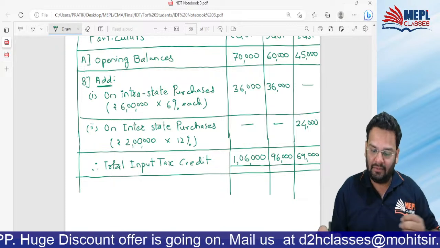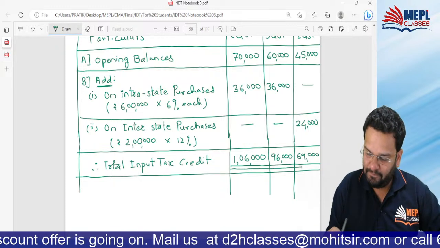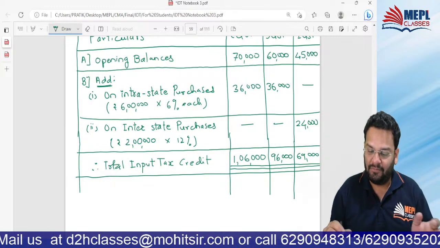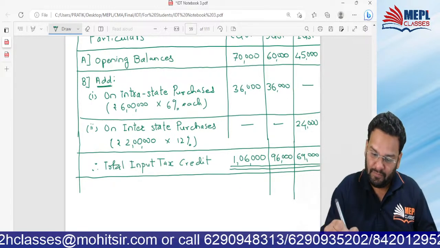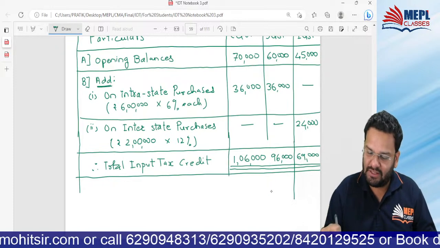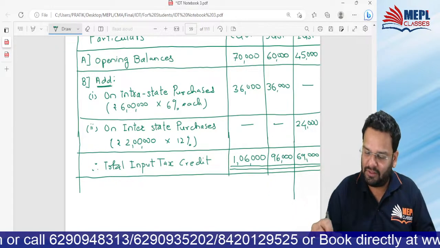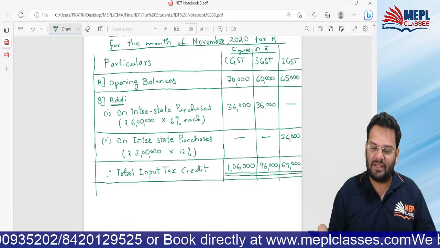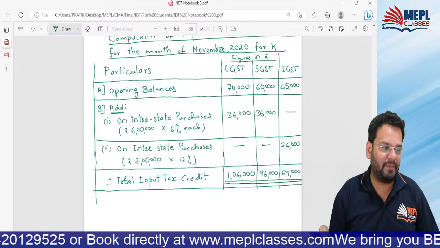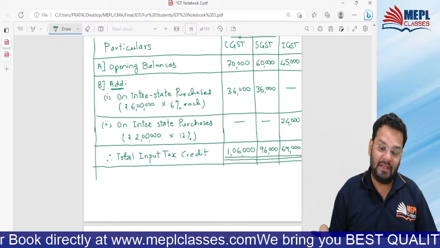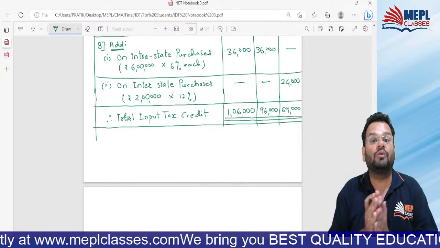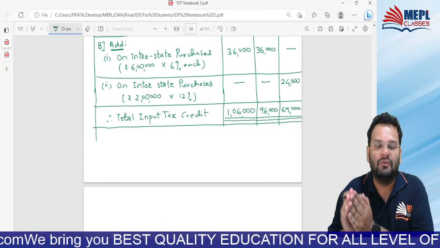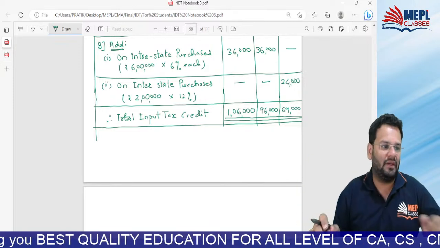Are you all getting input tax credit as 1,06,000, 96,000 and 69,000 of CGST, SGST and IGST respectively? Yes, very good. So now what we will do is, we will go ahead and calculate net GST payable, which will be output tax minus input tax credit.